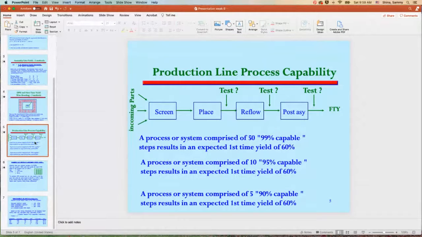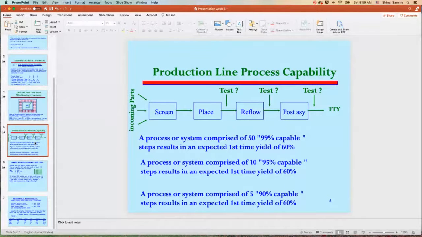But when we put them together in a line, how do we do the math? We're going to discuss that more in the second half of the course. But I wanted to answer that question: how does that work for one workstation and one assembly station in the production line versus the whole line? So I have another week to concentrate on that.